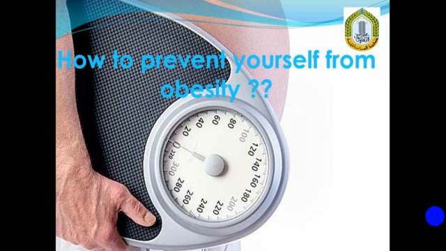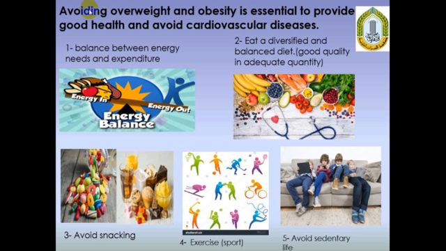How to prevent yourself from being obese? Avoiding overweight and obesity is essential to provide good health and avoid cardiovascular diseases. How to do that? 1. Balance between energy needs and energy expenditure.